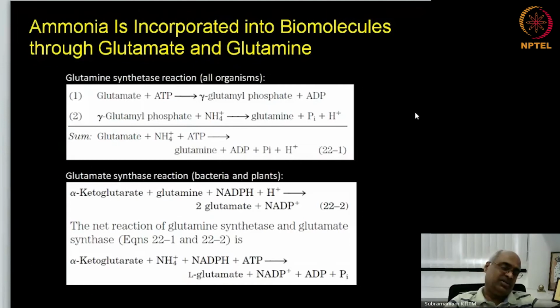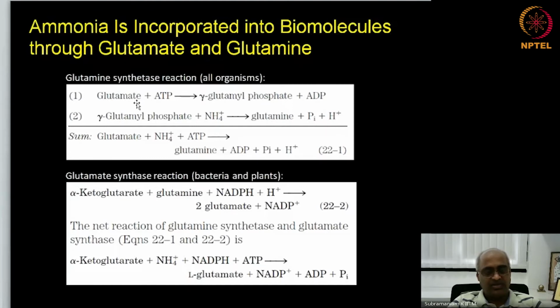So that is what we are going to discuss in this slide. The next slide is going to be regulation of these enzymes that we are going to see. So the first reaction: all the amino groups in your amino acids and the nitrogen in other molecules, they all entered at one point of time into glutamic acid, glutamate.